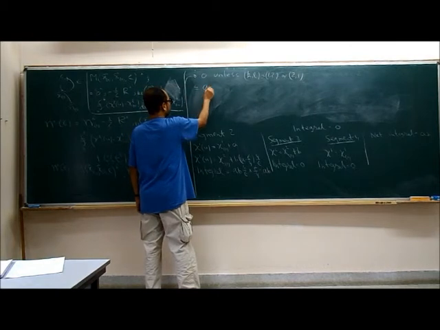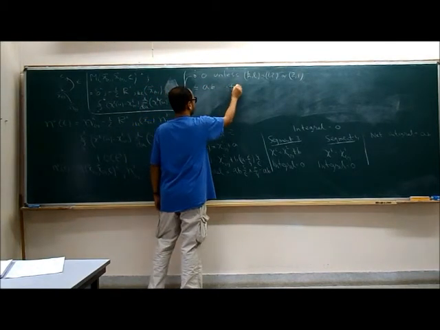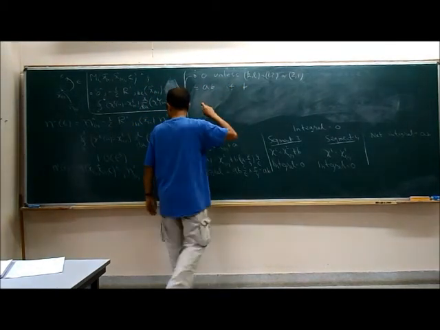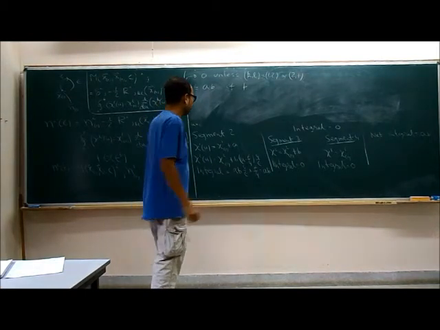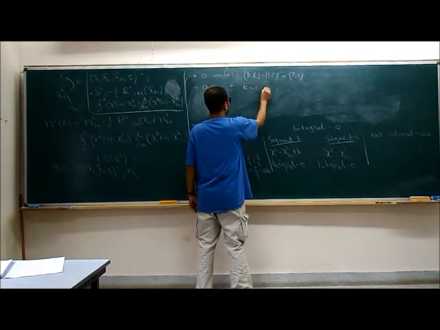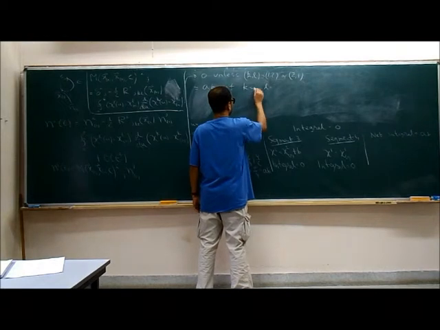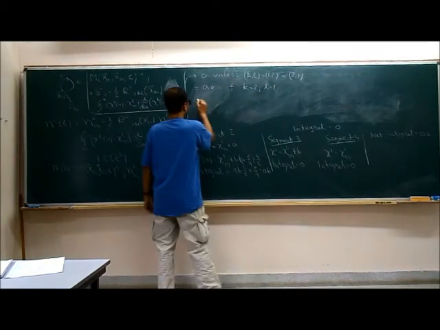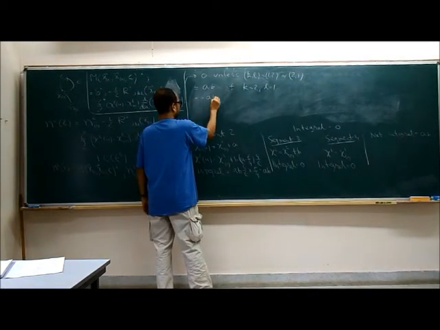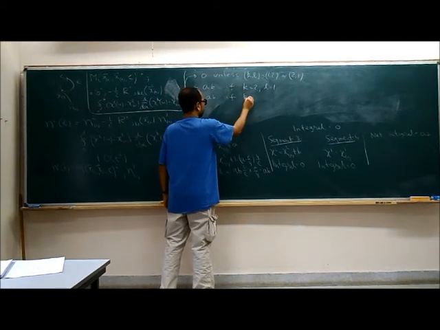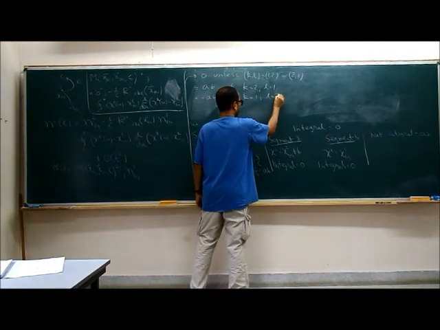It's equal to AB if k equal to 2, l equal to 1, and minus AB if k equal to 1, l equal to 2.